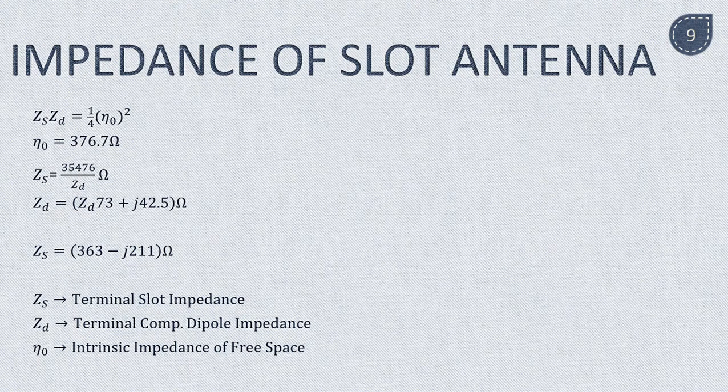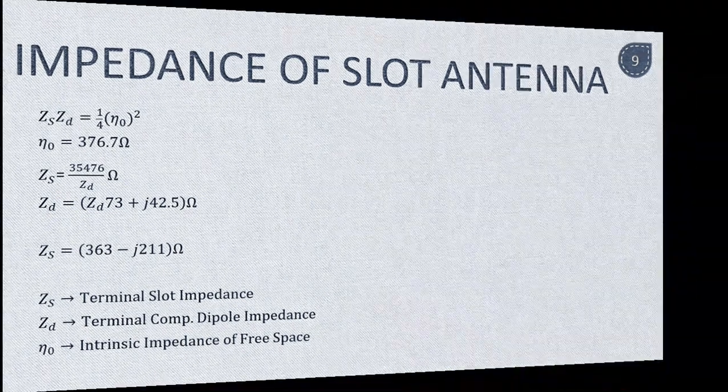Hence, Zs is equal to 35,476 over Zd ohms. Therefore, we can determine the properties of the complementary slot antenna if the properties of the dipole antenna are known. For a half-wave dipole antenna, Zd is equal to 73 plus j42.5 ohms. Then Zs will simply be 363 minus j211 ohms.